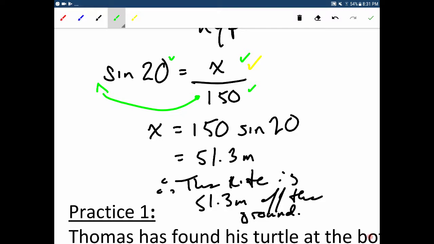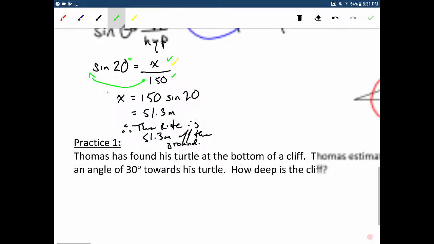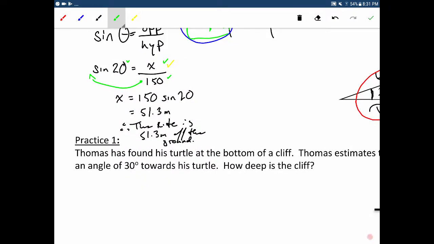You might feel silly doing it right now watching a video, but you should try it because if you can't get that number, you need to tell me at the beginning of class and we can figure out your calculator together. Every calculator is different. They all work, but sometimes it's complicated to type it in. But anyway, we have 51.3, which means the kite is 51.3 off the ground.